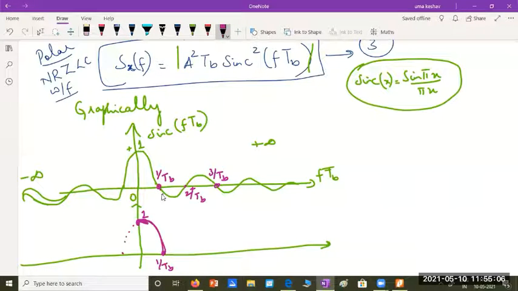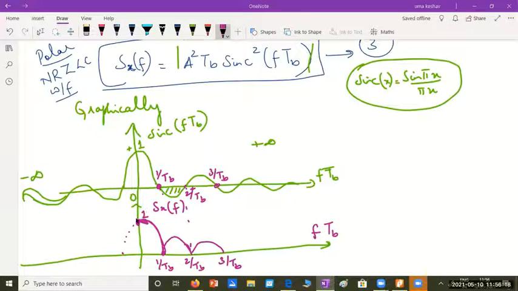And what will happen to the square of this? Whatever this value is, if I square it, it becomes positive. Yes or no? Similarly, this is already positive. If I square it, therefore, I can represent Sx of f.